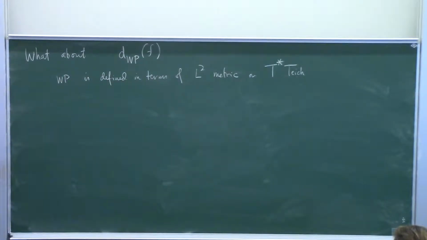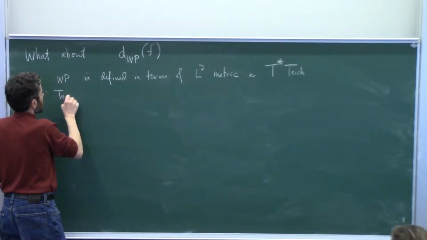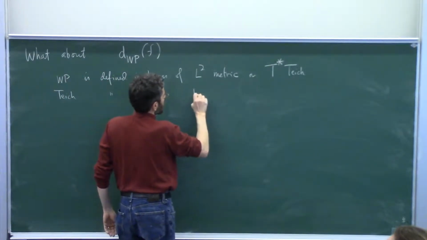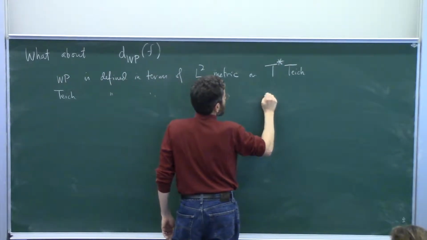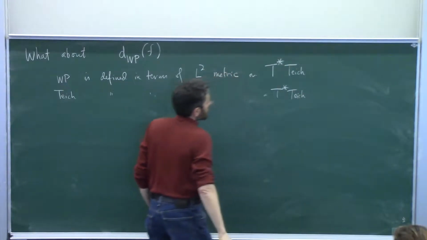So there's a tensor, you integrate the square of the tensor, and you get the norm squared. Whereas the Teichmüller metric is defined in terms of an L1 metric on the cotangent space of the Teichmüller space.